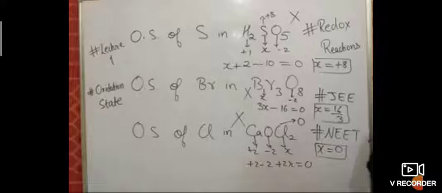This is a very important point. The shift of electron control is partial if the bond between the atoms is covalent, and full if the bond between the atoms is ionic. Thus, of the two atoms bonded to each other, the less electronegative atom exists in a positive oxidation state, and the more electronegative atom in a negative oxidation state.